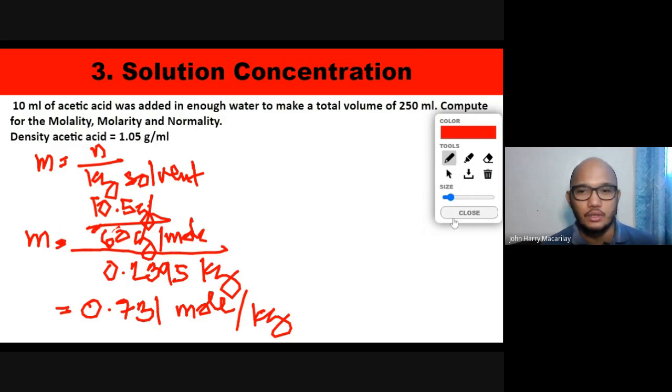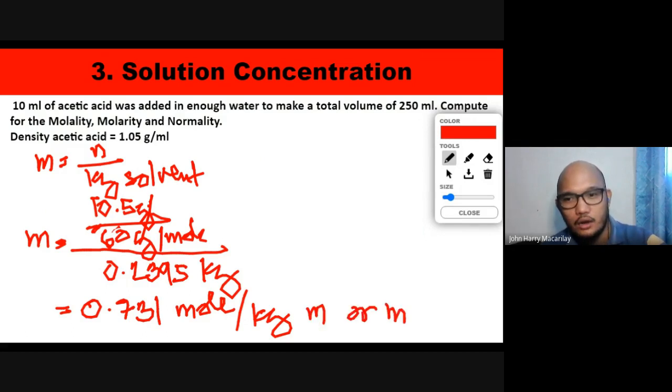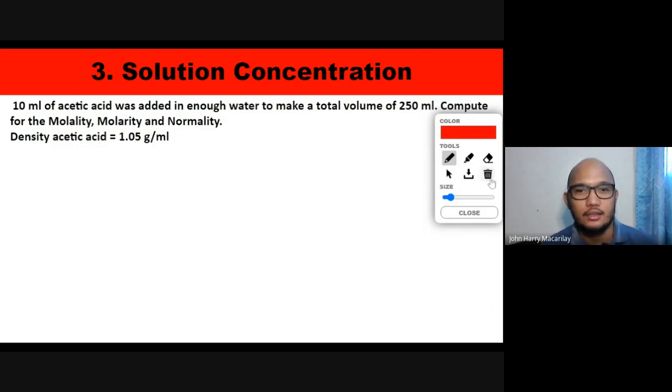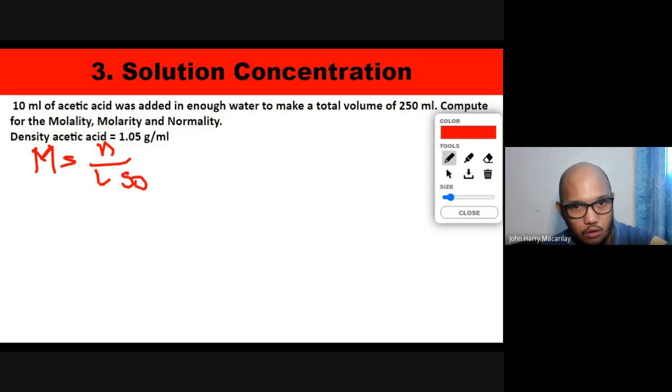So that's for molality. Possible units would be m or molal. Next would be molarity. So what about for molarity? It is the same but in liters of solution.